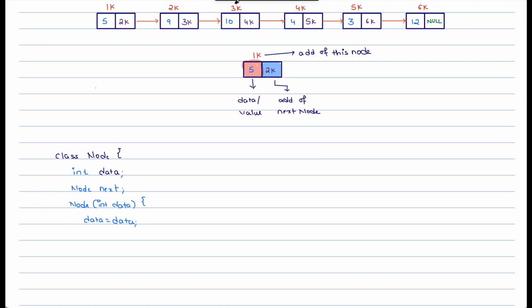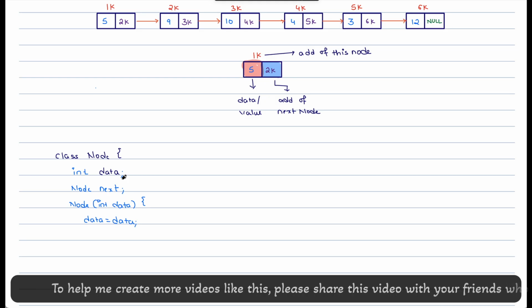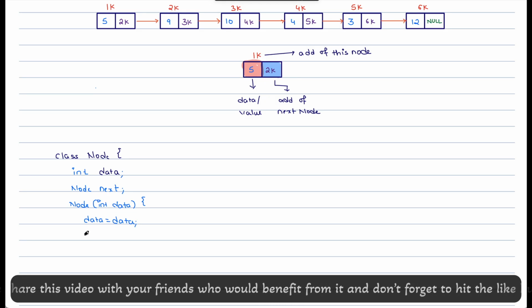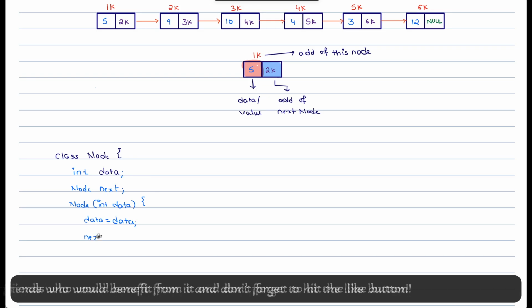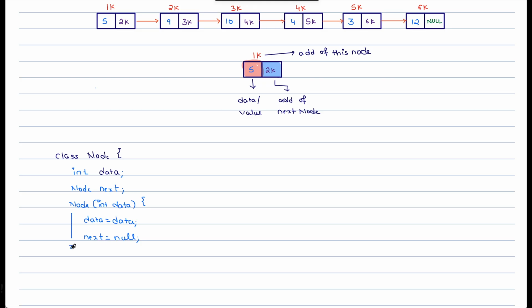Whatever value we are getting, that value is getting stored in this. Initially, since you are creating only a single node, the address of the next node will obviously be null. This way you are going to create a node.